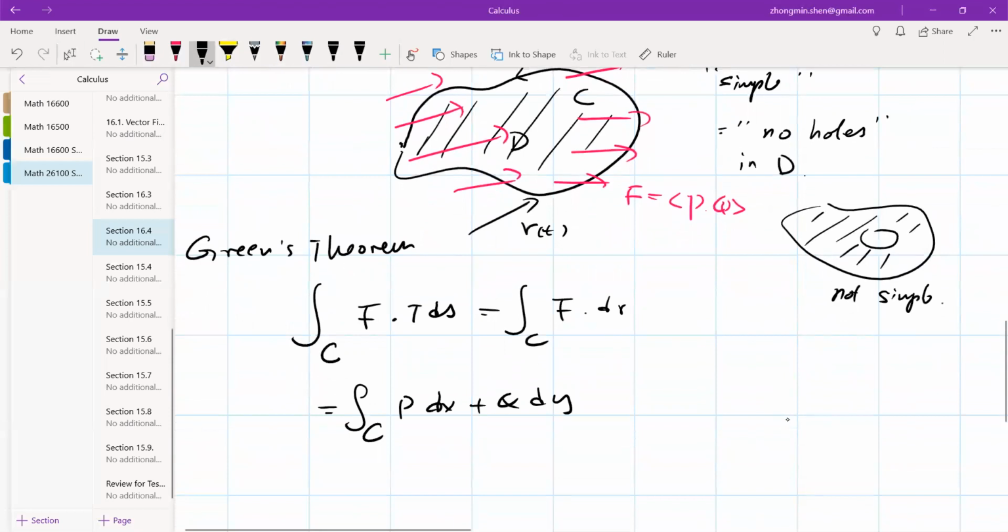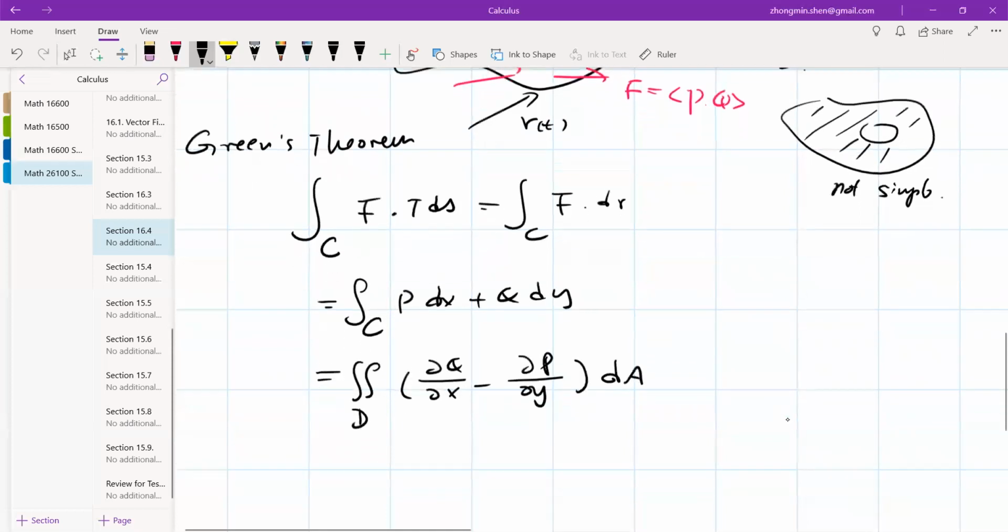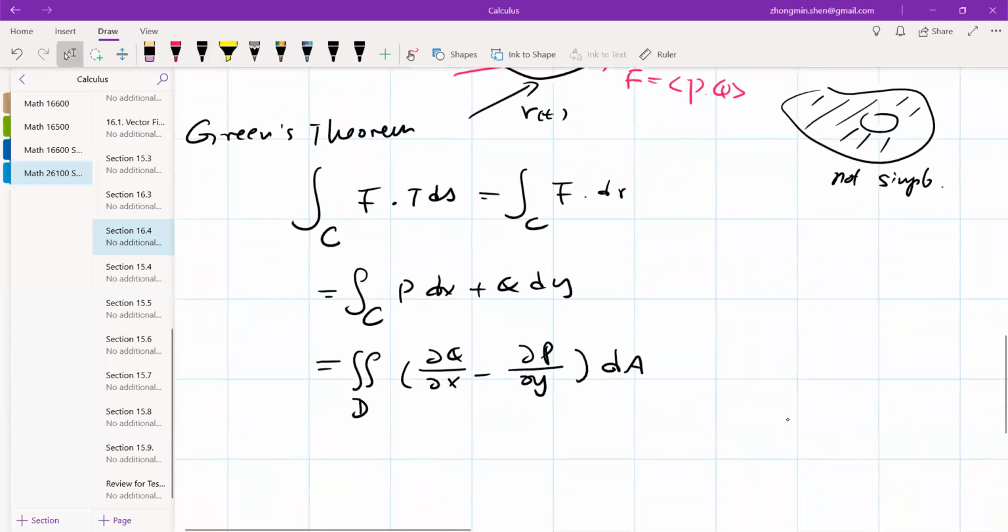So this line integral can be changed to a double integral. This is an interesting result. In other words, the line integral around this curve C is going to be the double integral of this function.